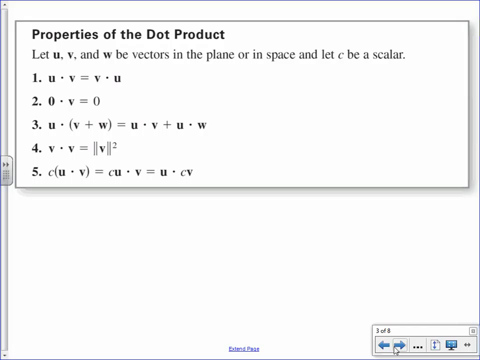Here's a very interesting one. The dot product of a vector with itself is the same thing as the magnitude squared. Let's talk about why that is. Let's say our vector v is a, b.